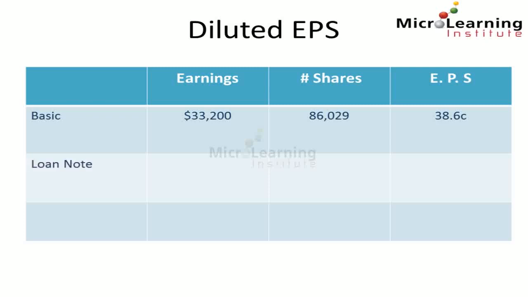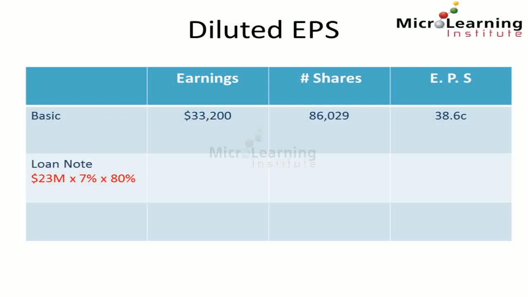We have a loan note in circulation which may in future be convertible into shares. The loan note, we're told, is for $23 million, and the effective interest rate at which interest is being charged to the P&L is 7%. So if this loan note in the future is redeemed, the P&L earnings will increase by that 7% of the $23 million.